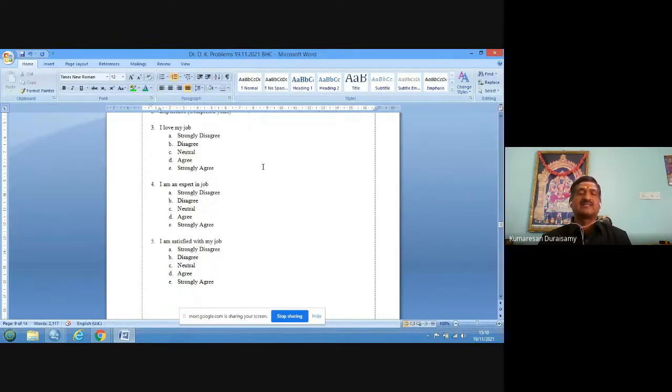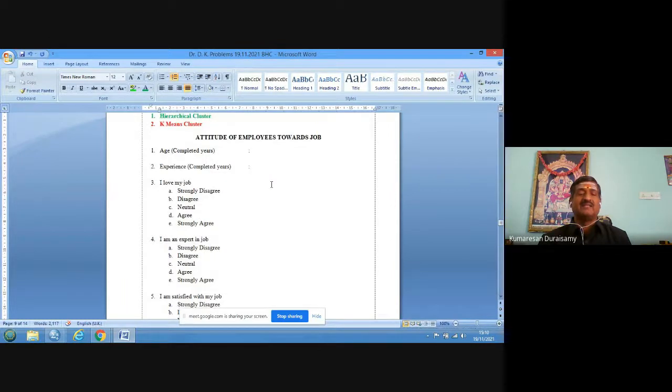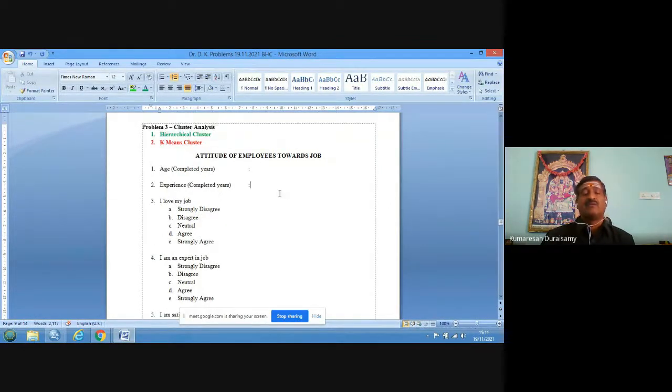In this case, we have to apply the typical tool, that is cluster analysis. If we know clearly how many clusters are to be formed, then we can go for k-means cluster, but normally we do not know. So first we have to go to the hierarchical cluster. From that result, we can decide how many clusters are to be made.